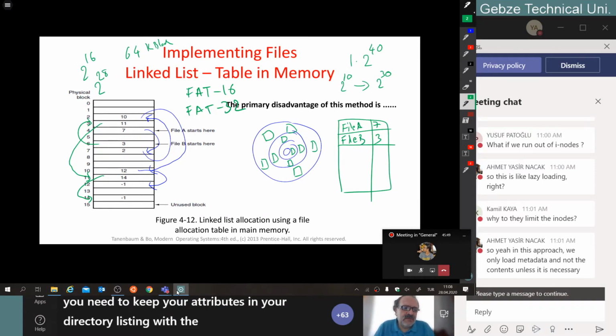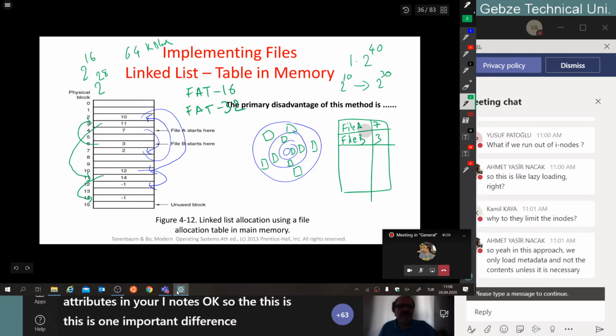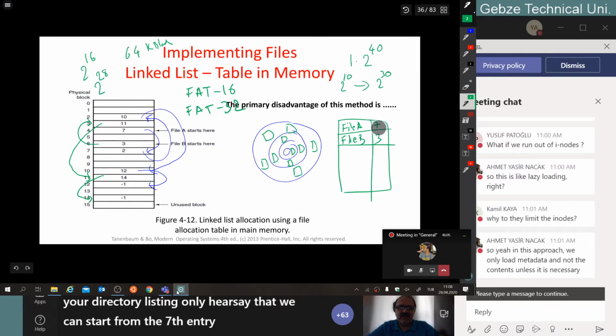With the inode approach, you keep your attributes in your inodes. So this is one important difference, because your directory listing only says, okay, start from the seventh entry. Seventh entry is here.